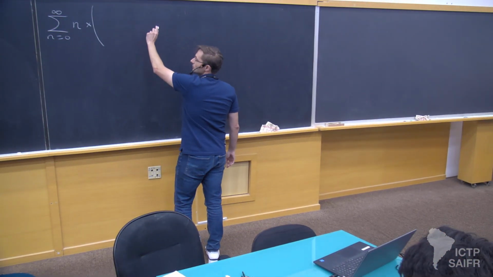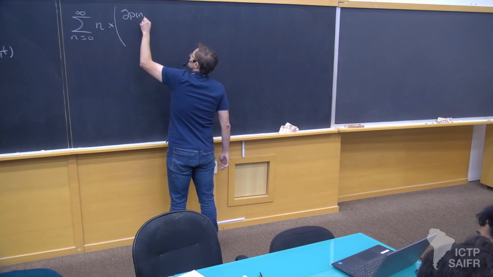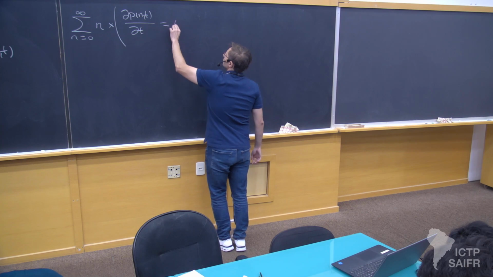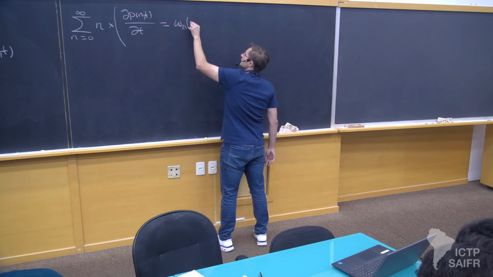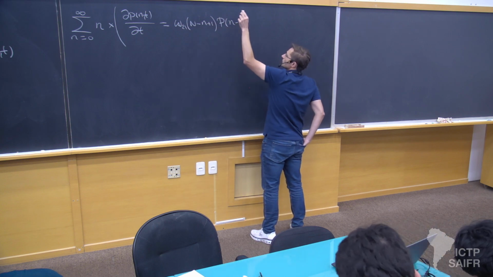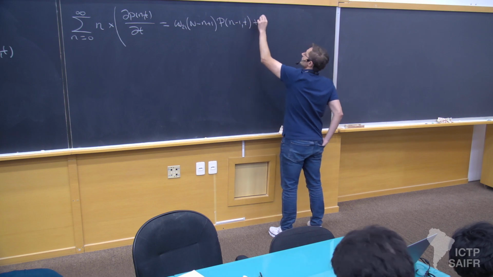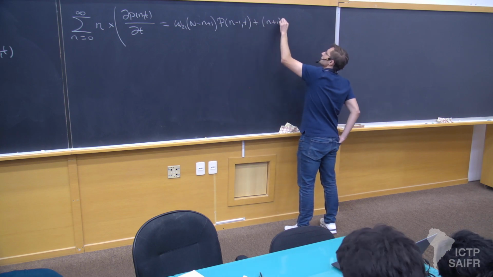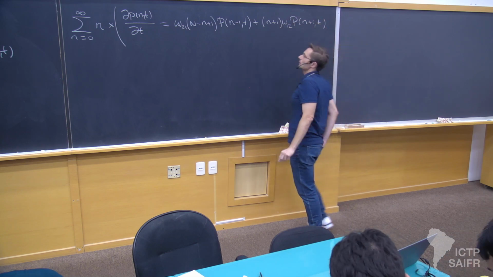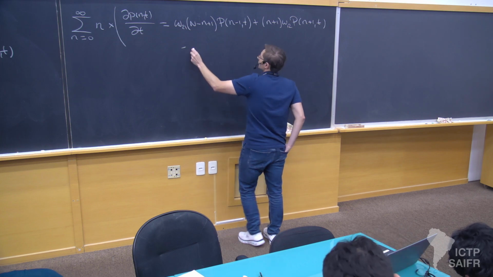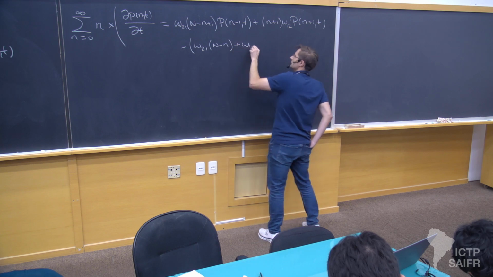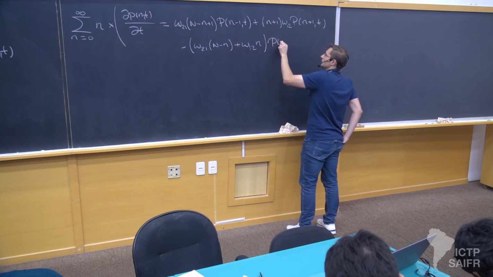And, okay, let's write it. The master equation: dP_n/dt equals omega 2,1 (N minus n plus 1) P_{n-1}(t) plus (n plus 1) omega 1,2 P_{n+1}(t) minus [omega 2,1 (N minus n) plus omega 1,2 n] P_n(t).